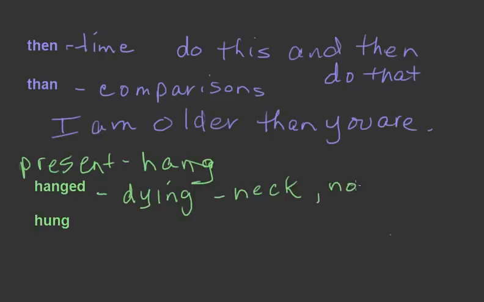You have things like a noose or whatever, and people are hanged. All right? Now, you hang people, you hang pictures, but once you move to that past tense, the pictures then are hung. So this is for things.